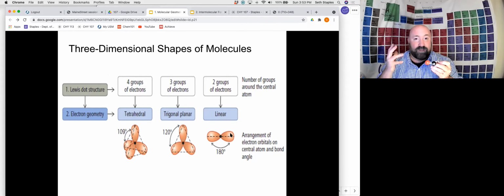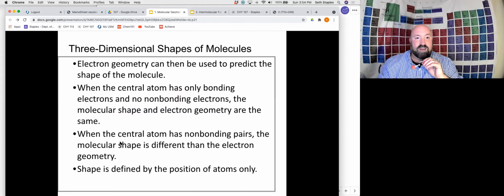We're going to get into the molecule shape in a minute. And so that will necessitate some sort of 3-dimensional shape. And then that shape is going to be dictated by how many groups there are. And then that'll end up playing a role in how the atoms are positioned too, which we'll get into in just a second. And so we can use this electron geometry to predict the shape of the molecule itself.